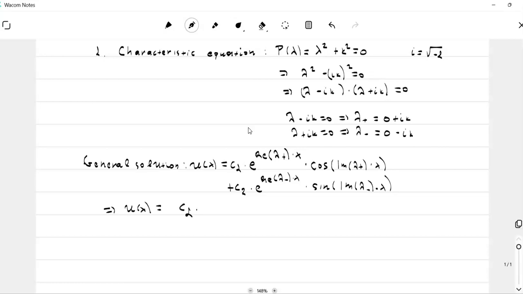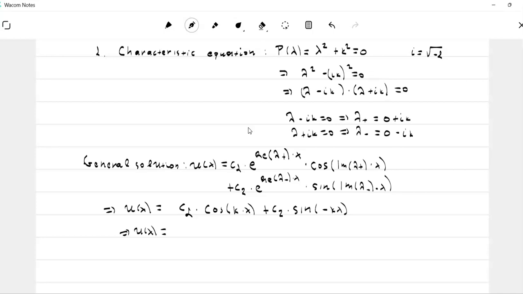The real part of lambda plus is 0. So here I have c1 times cos, and the imaginary part of lambda plus is k. So this is c1 times cos kx plus c2 times sine minus kx.